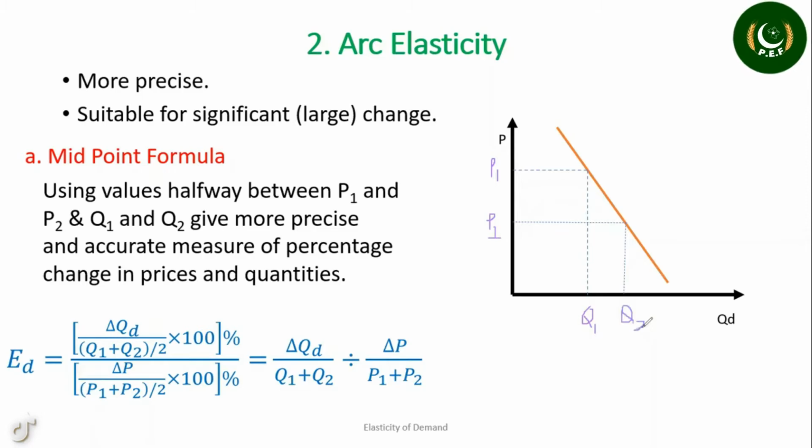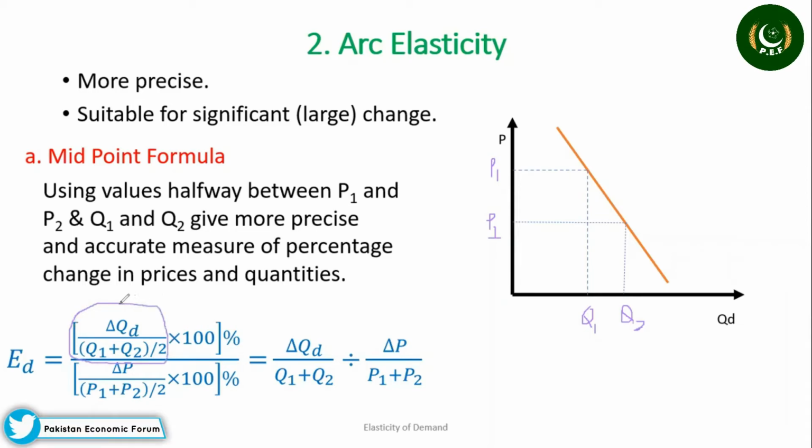like the percentage change in quantity demanded. We use this formula, that is delta QD, meaning final value minus initial value, and we divide it not by the initial value but by the average of these two values. Similarly, for change in price, we divide the value of change in price not by the base value but by the average of the two values.